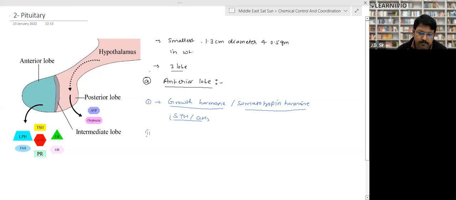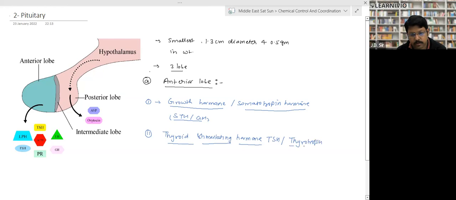Now the second hormone is thyroid stimulating hormone, TSH, or thyrotropin. Note it down.